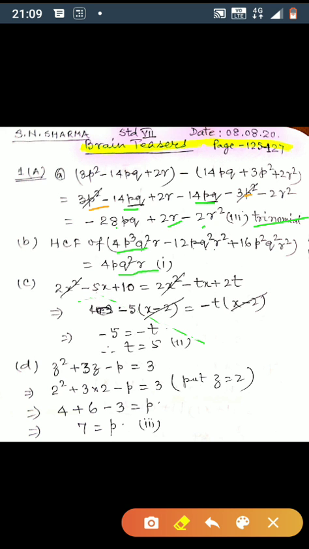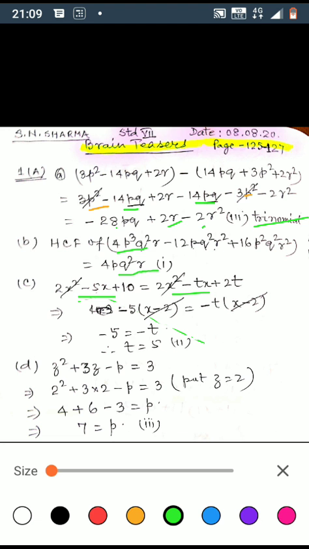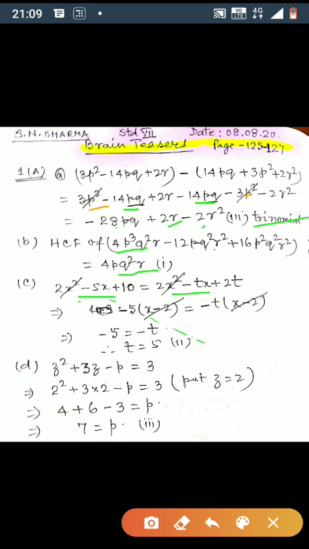Now 2x² and 2x² cancel. So here −5 common on the left hand side, x − 2, equal to, on the right, −t common, x − 2. So −5(x − 2) equals −t(x − 2). So −5 equals −t, therefore t equals 5.